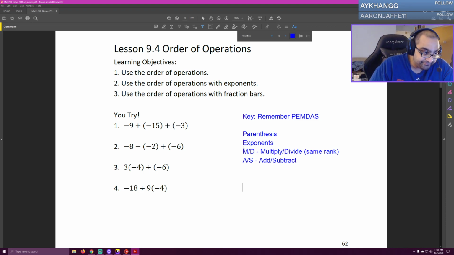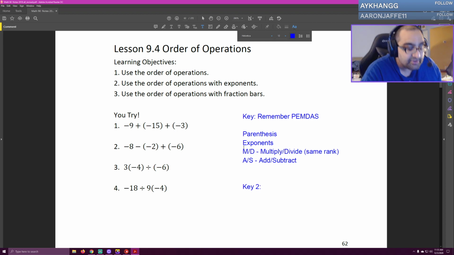The second key is something you probably do already, but I'm going to stress it greatly: go one step at a time. There's no reason for you to do everything all at once. As you know from the order of operations, there is a particular order in which we have to evaluate the problems.